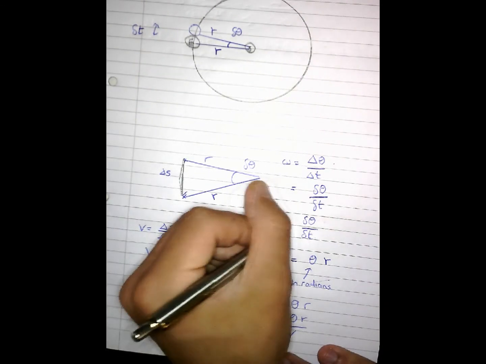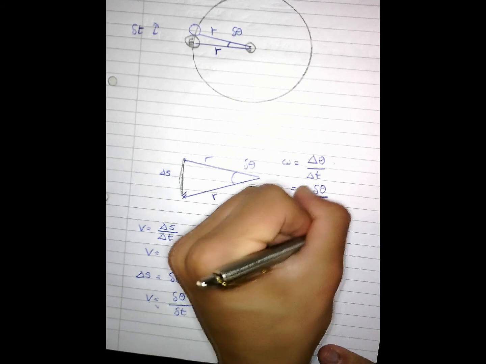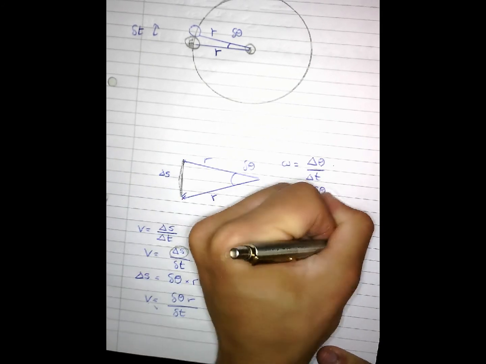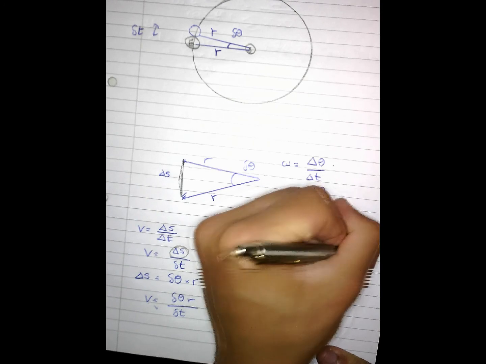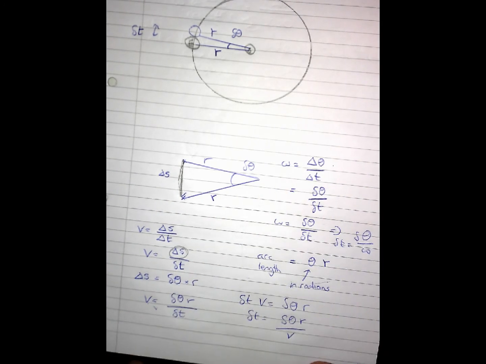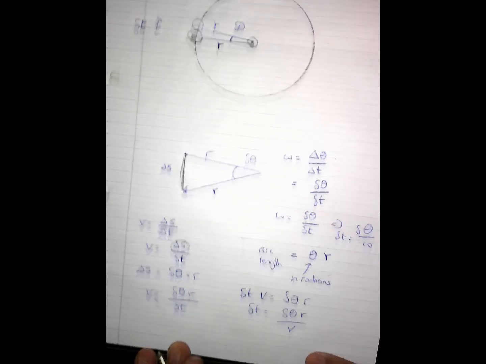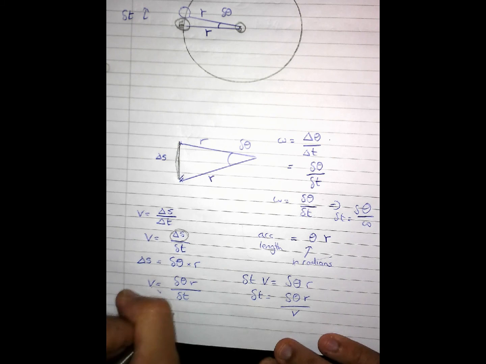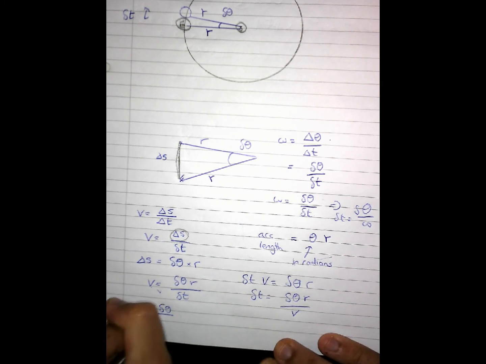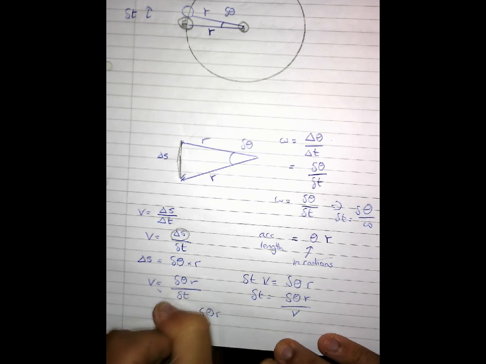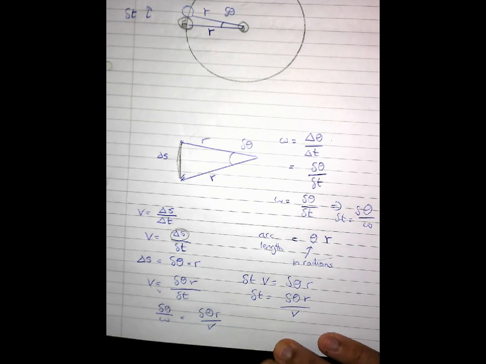And then from this formula, we can see that delta t is equal to delta theta divided by omega. So we've now got two equations for delta t. Let's set them equal to each other. So we end up with delta theta over omega equals delta theta r over v.